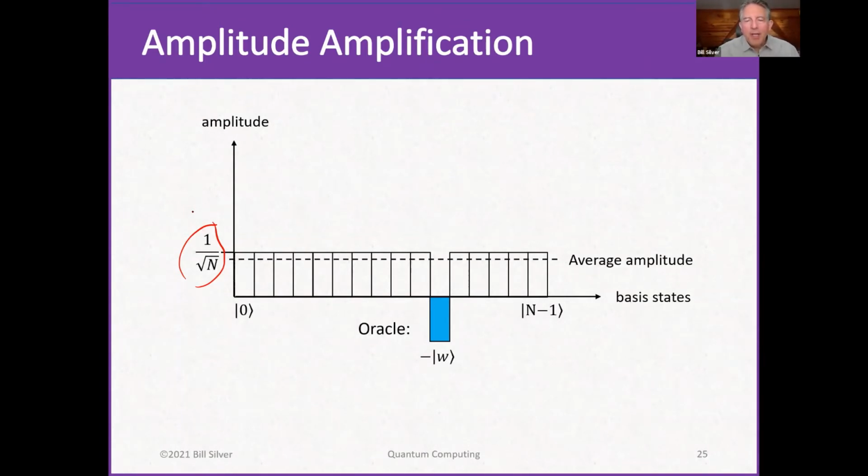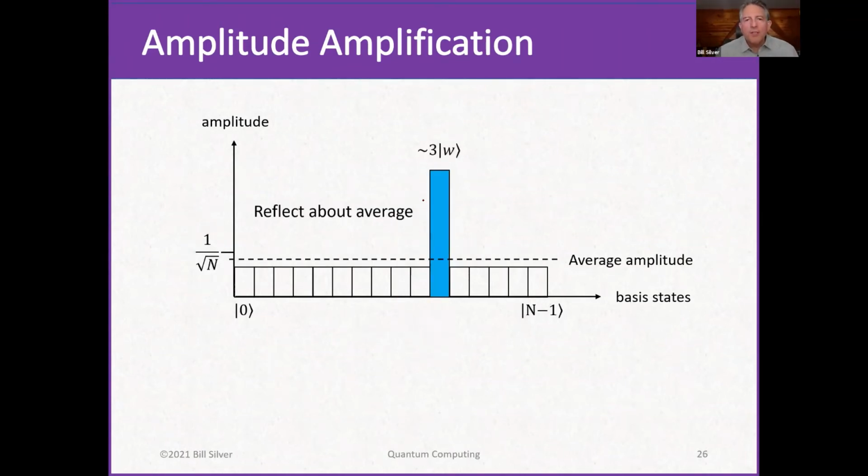Now, the next step is we're going to reflect all of these amplitudes about the average. So for example, any amplitude that's above the average will now go down to the same amount below, and anything that's below the average is going to go to the same amount above, because we're just reflecting about that average, and it's going to look like this.